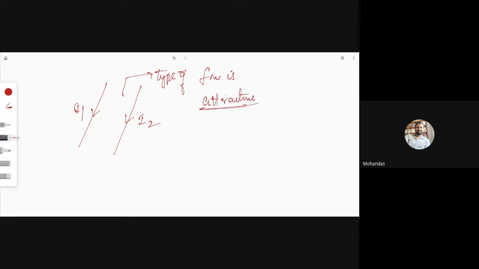Next, if the current is flowing in the opposite direction, then the force is repulsive.